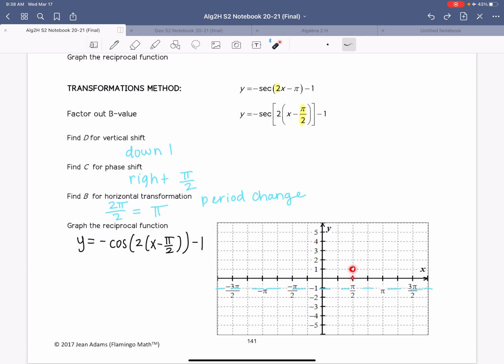Okay, so now my new starting point, oh, but I made a mistake here. My period is now a distance of pi. So it's getting a little weird here. So let's figure out our distance of pi. So here's my distance of pi. Okay, my new starting point, I'm supposed to shift everything over pi over 2.